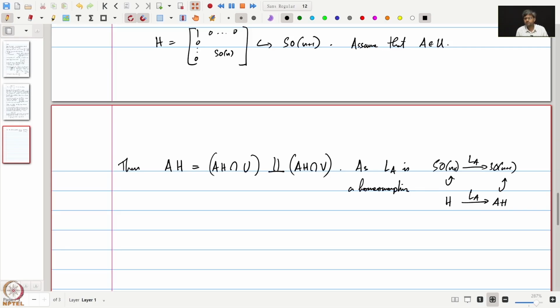So L_A is a homeomorphism, and this implies that L_A restricted to H, this map from H to AH, is also a homeomorphism.